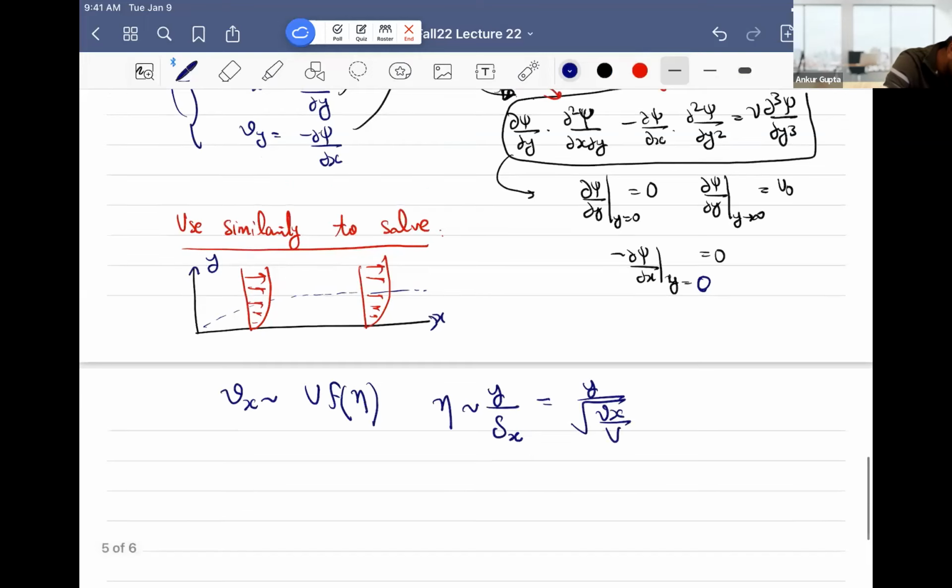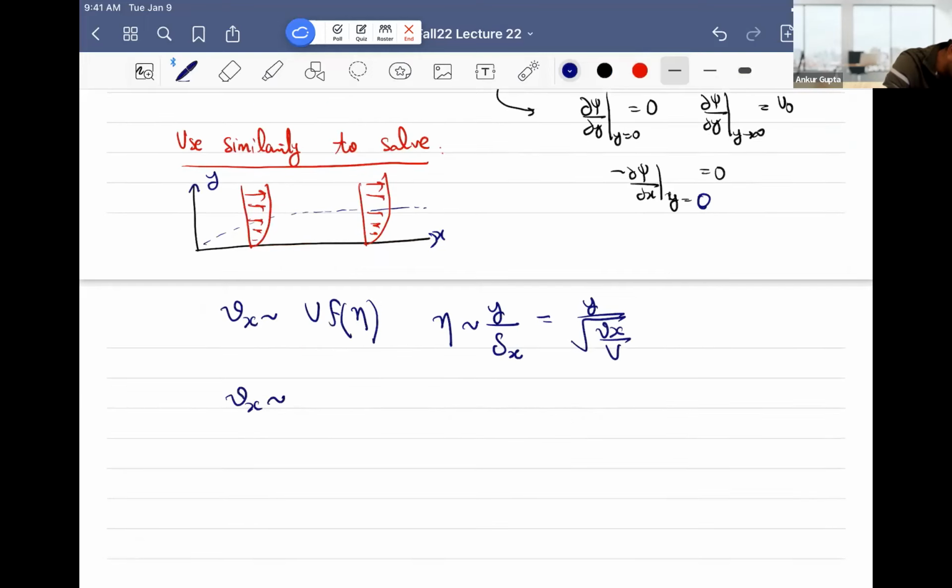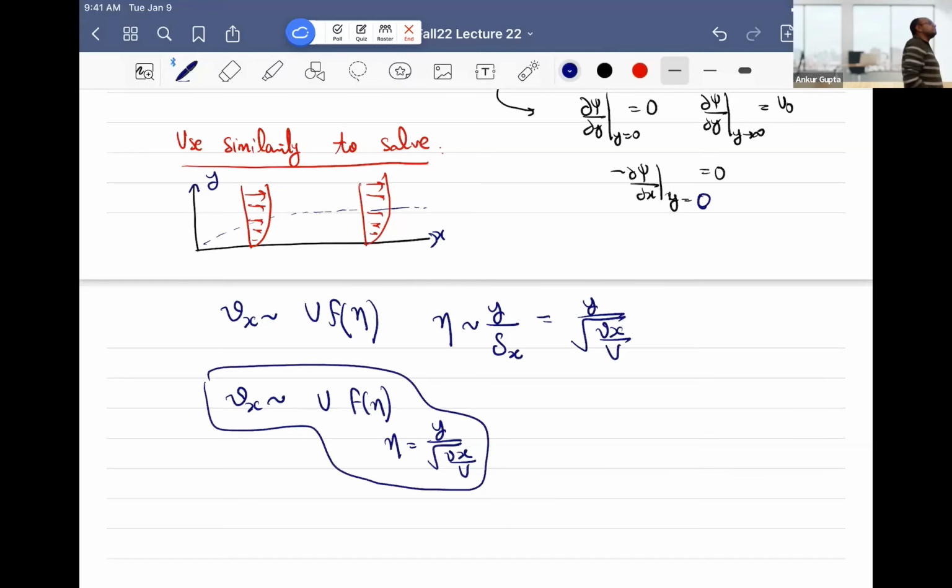This is a proposition, not something that has happened. Vx should be u times f of eta. That's the first proposition. But I'm not solving for Vx, I'm solving for psi. So how do I go from Vx to psi?